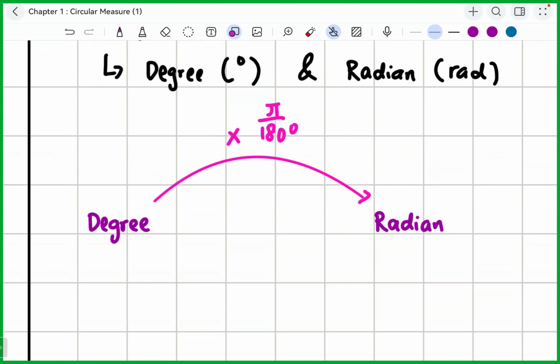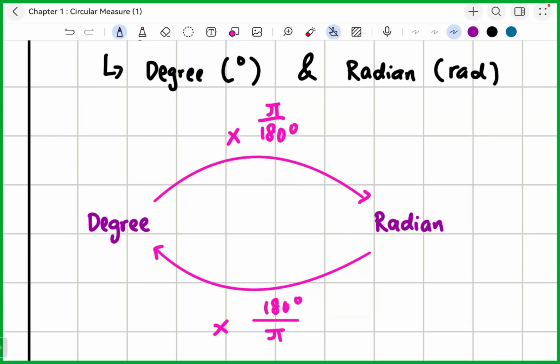On the other hand, if you want to convert radian to degree, you have to times 180 degree over pi.